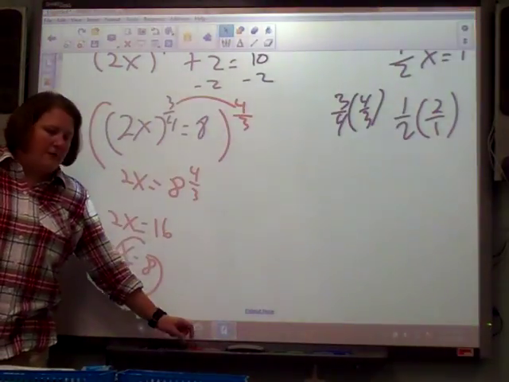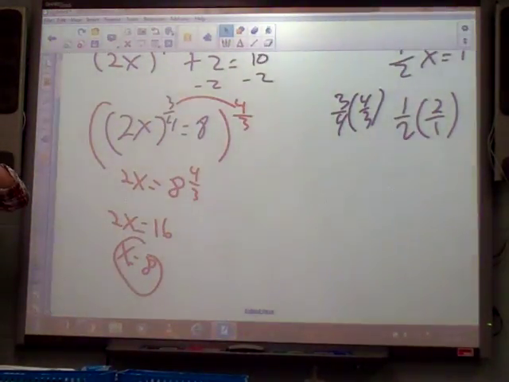So you get rid of the fraction exponent by raising it to the reciprocal. That's what's key to remember on that.